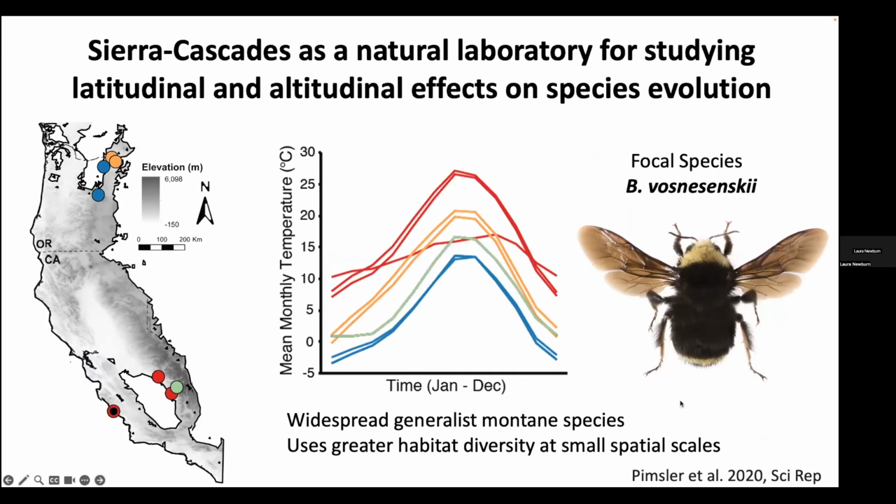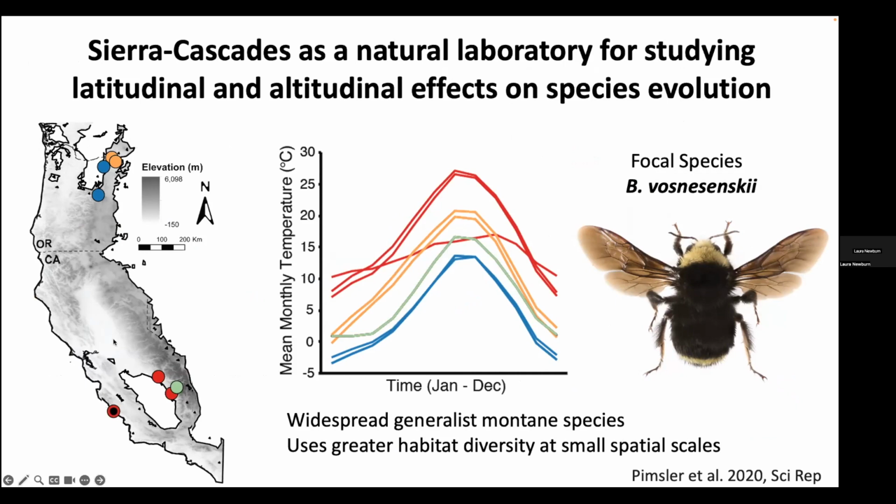In this particular study, we utilized the Sierra Cascades as a natural laboratory for studying the latitudinal and altitudinal effect on species evolution. Our focal species is Bombus vosnesenskii, a very widespread, generalist montane species, which you can see in this map of Western North America.